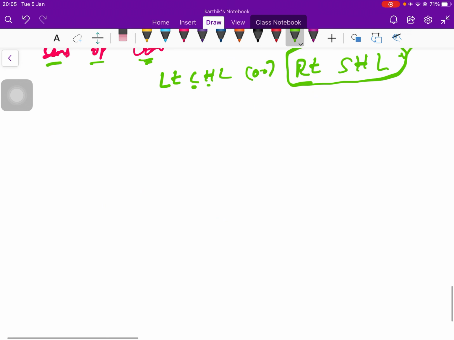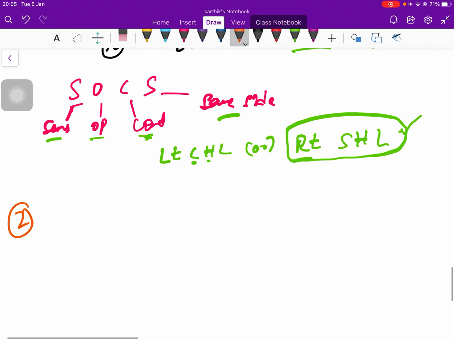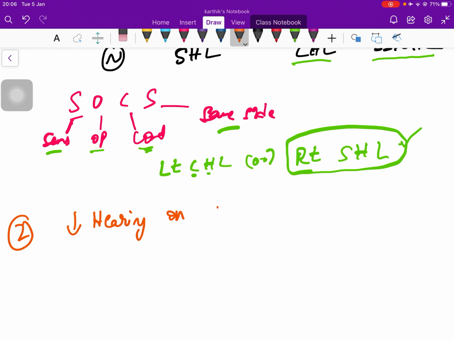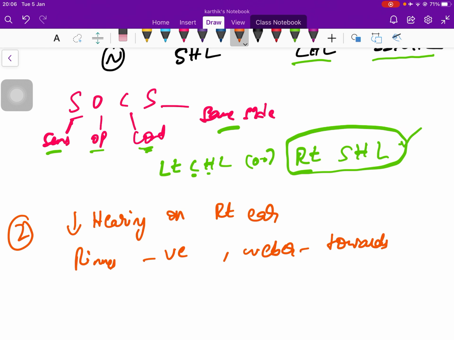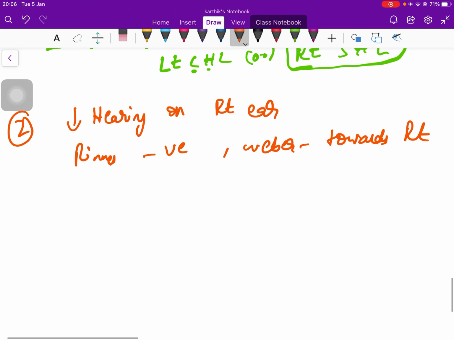Okay. Let's see another example. A patient came with decreased hearing on the right ear, Rinne's is negative, and Weber is towards the right side.